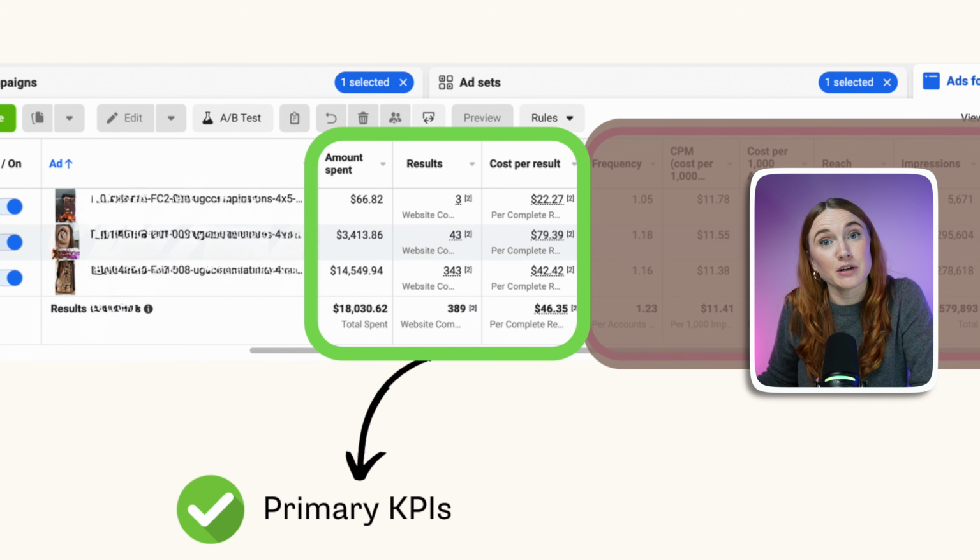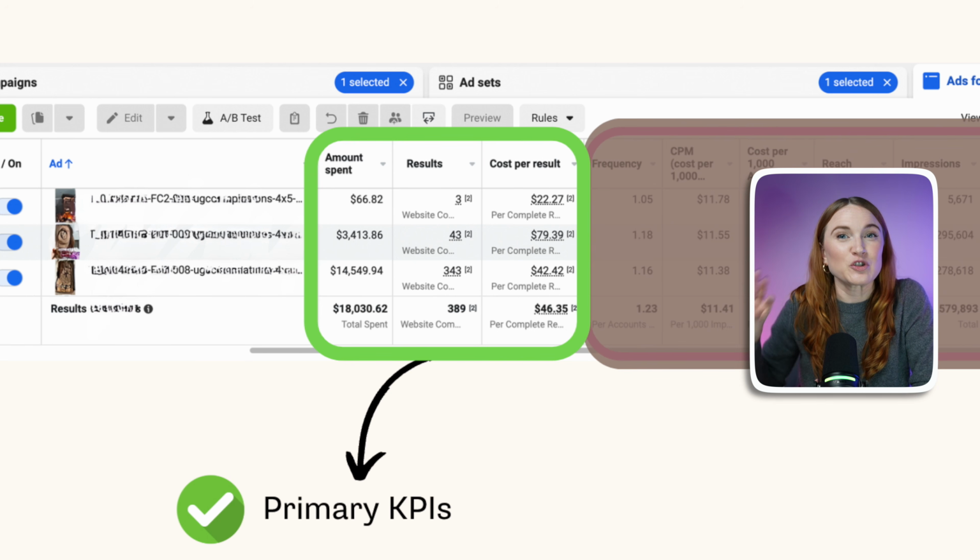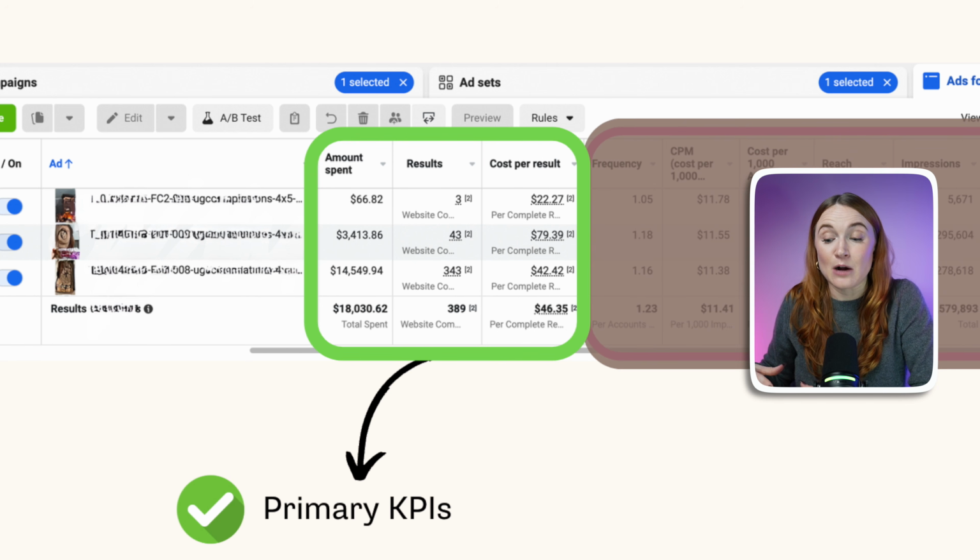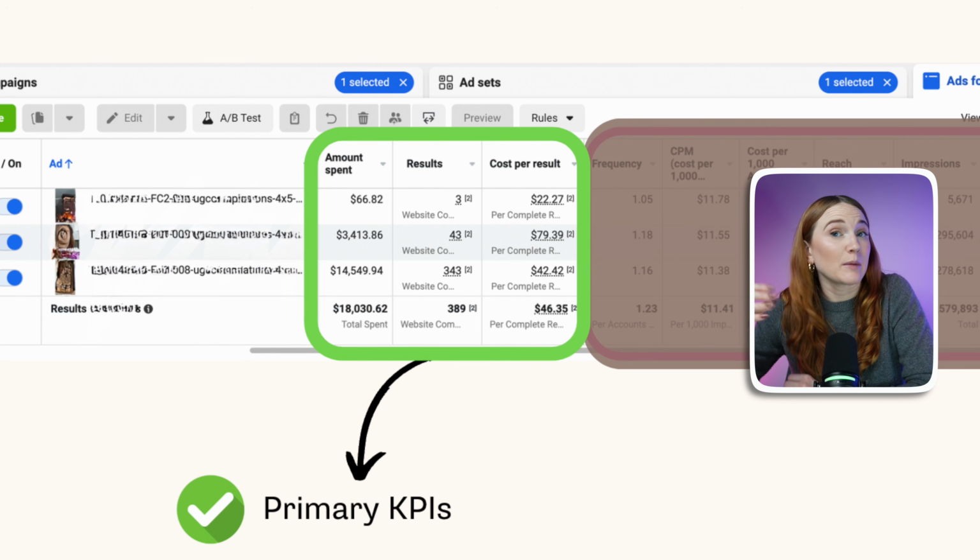And if you're doing lead generation, of course, then you are going to swap those results around for cost per lead or number of leads. Now, these are the only things that you should be using to optimize your account. So if you see, oh, this cost per purchase and these number of purchases are profitable for me, I should increase the budget. Not looking at your secondary metrics.